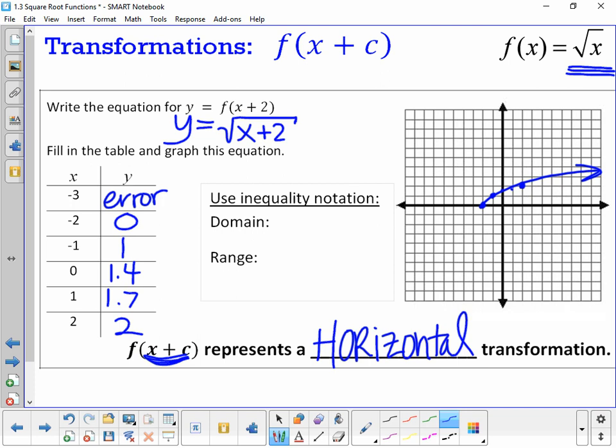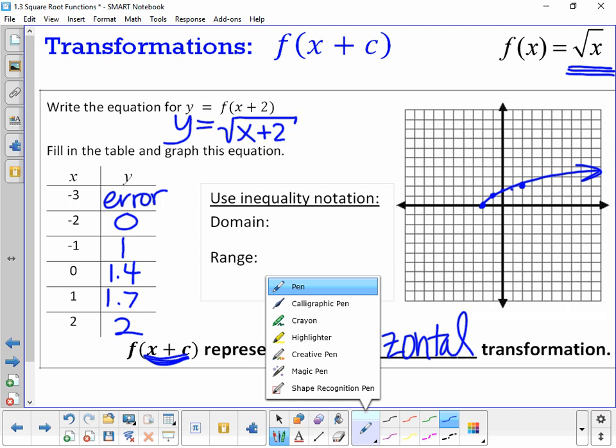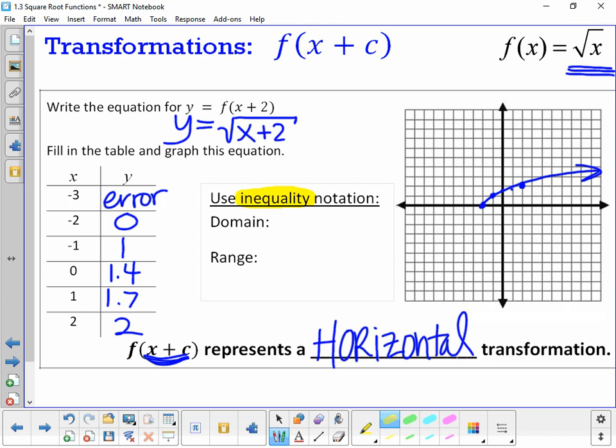So let's write the domain and range of this. This time we are using inequality notation. So the domain, well, it looks like this function is just fine as long as x is greater than or equal to, it looks like the smallest it could be is -2. -3 gave us an error, so we have to have numbers that are greater than or equal to -2 for our domain.